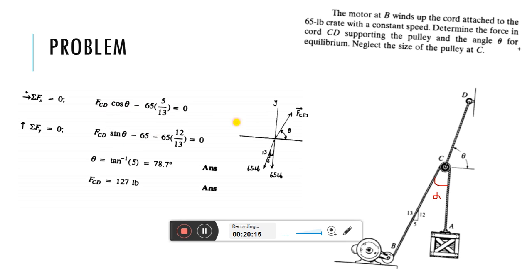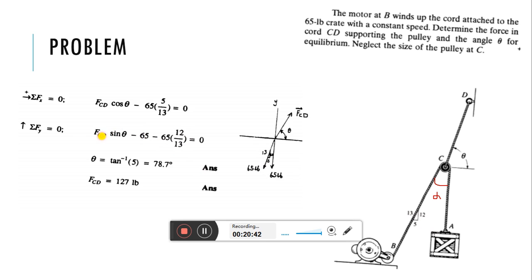So then write the y direction equation. In the y direction we have on the positive side FCD sin theta. On the negative side we have 65 and 65 cos alpha. Cos alpha means 12 by 13, so 65 into 12 by 13.